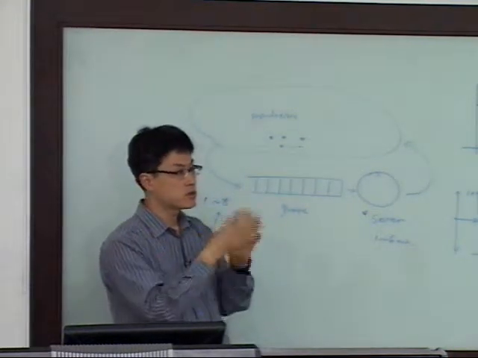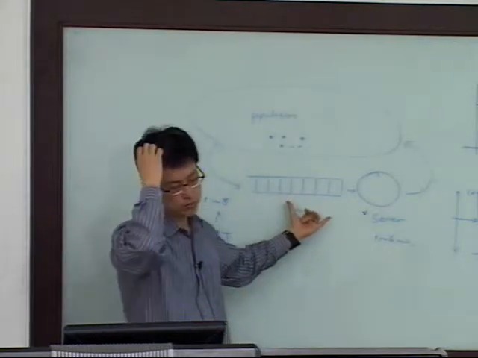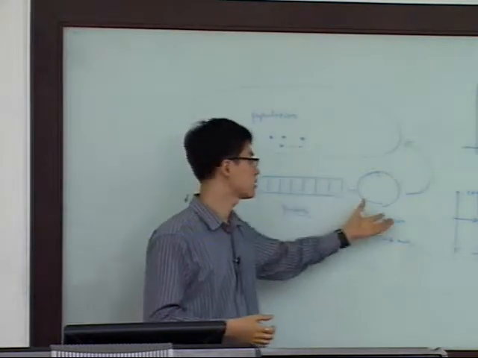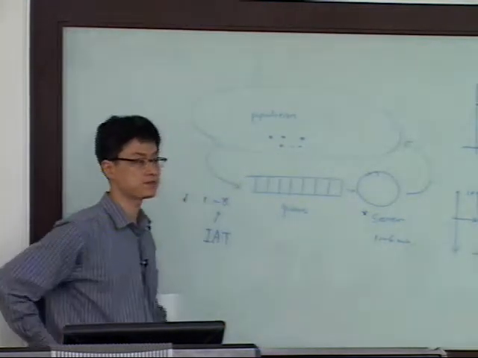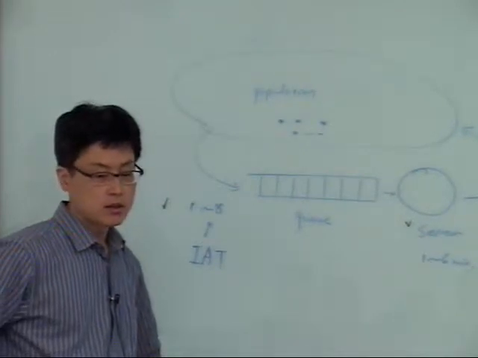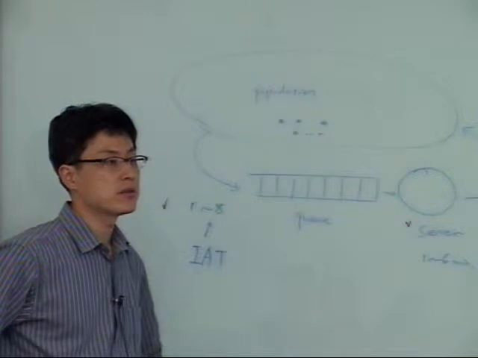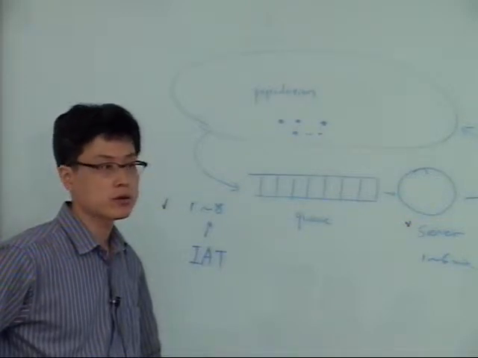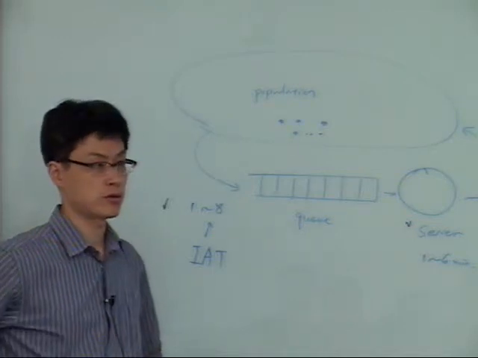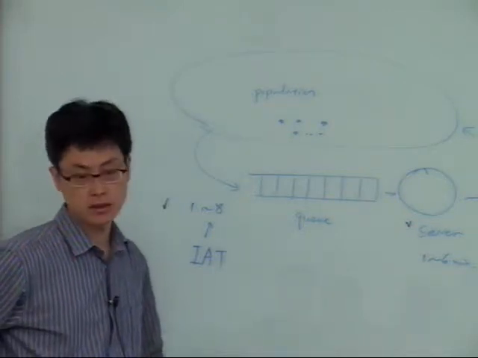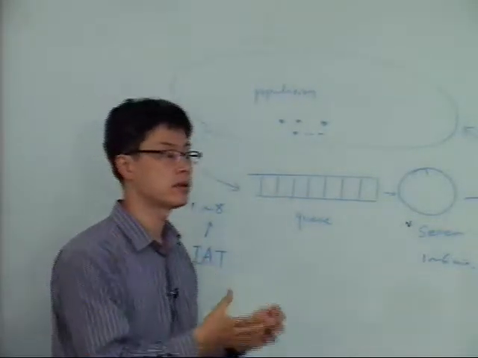So there is some kind of relationship between the number of customers waiting in the queue and the server state, idle or busy. This kind of system can be expressed in various ways, but the number of variables is only 2, right? Okay, that's the system variable, the system state.